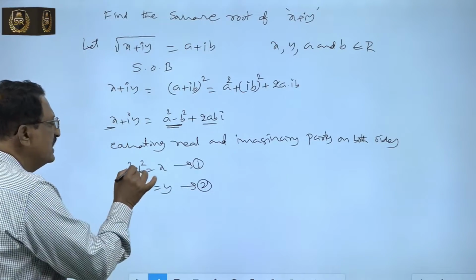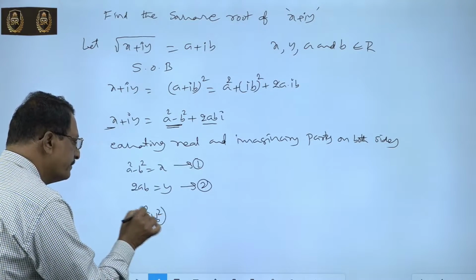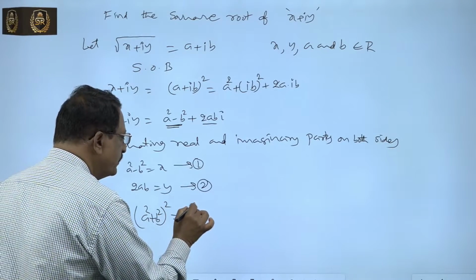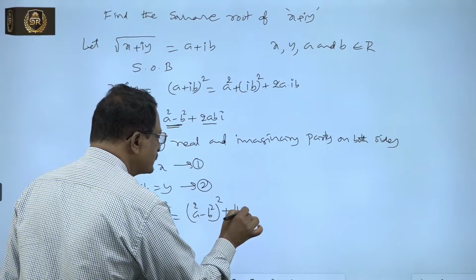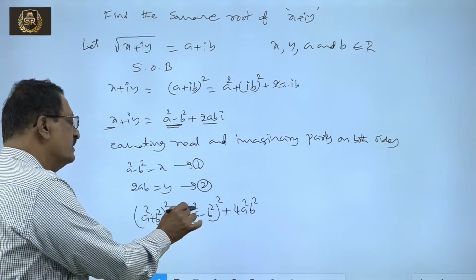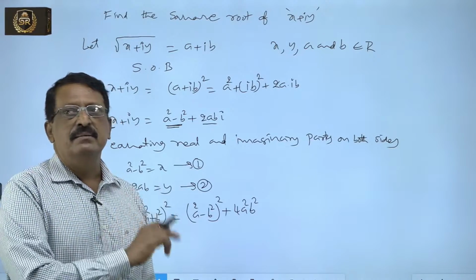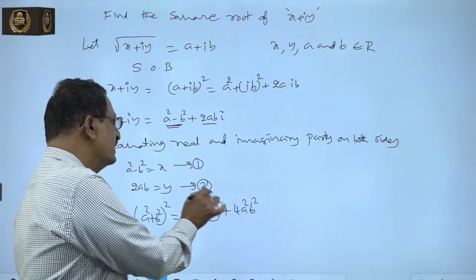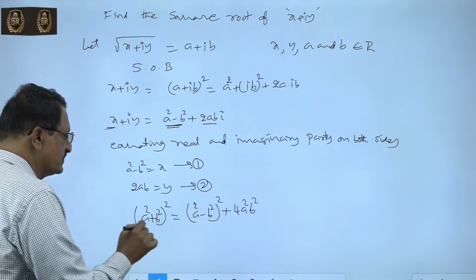Now a squared minus b squared equals x. (a squared plus b squared) whole squared equals (a squared minus b squared) whole squared plus 4a squared b squared, because (a minus b) whole squared equals a squared plus b squared minus 2ab, plus 4ab, add and subtract, then we get (a squared minus b squared) whole squared minus 4a squared b squared, that equals (a squared plus b squared) whole squared.